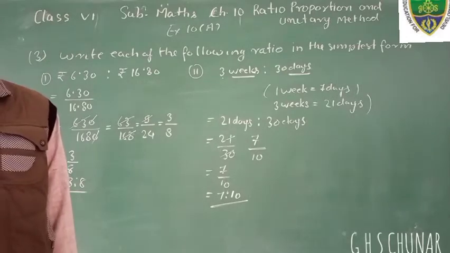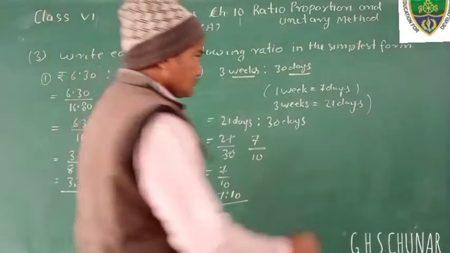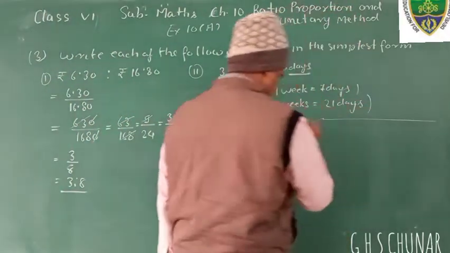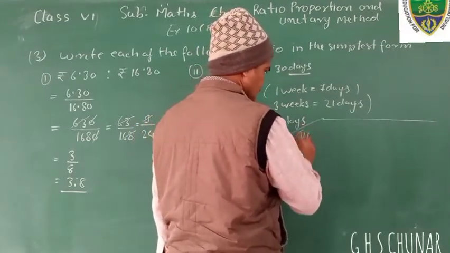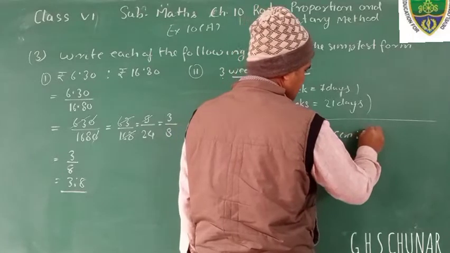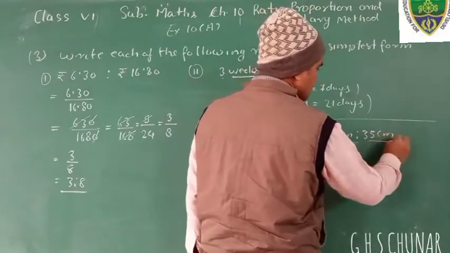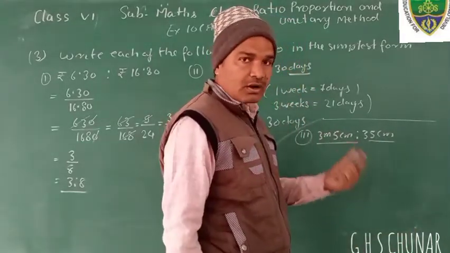Next one, the third: 3 meter 5 centimeter ratio 35 centimeter. Here there are 2 units, so we convert them into 1 unit.